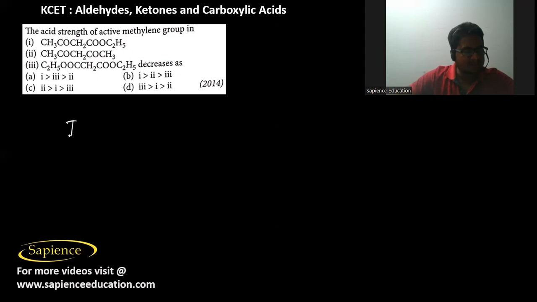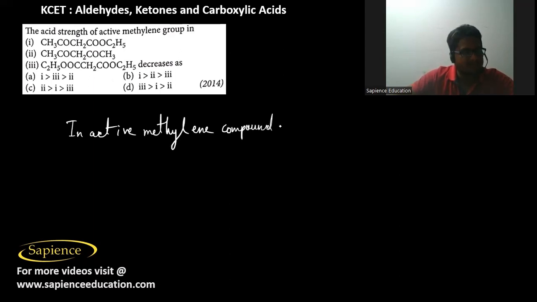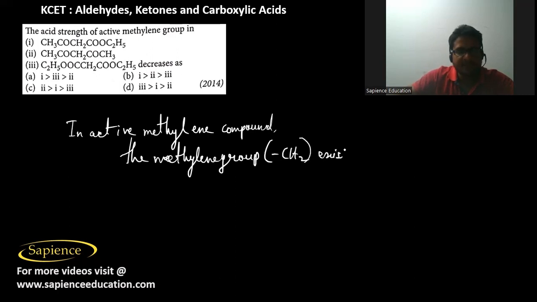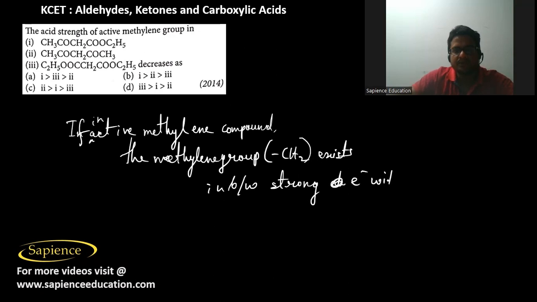The rule is that in an active methylene compound, the methylene group, which is the CH2 group, exists in between strong electron withdrawing groups.